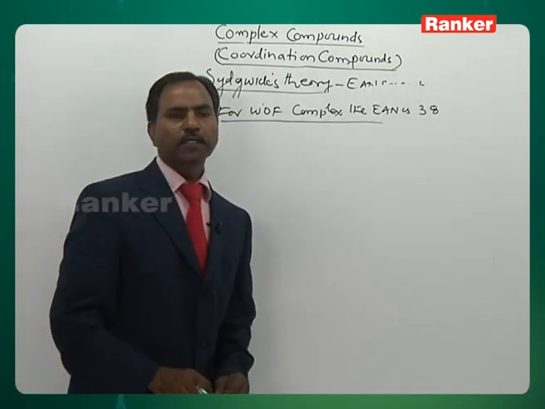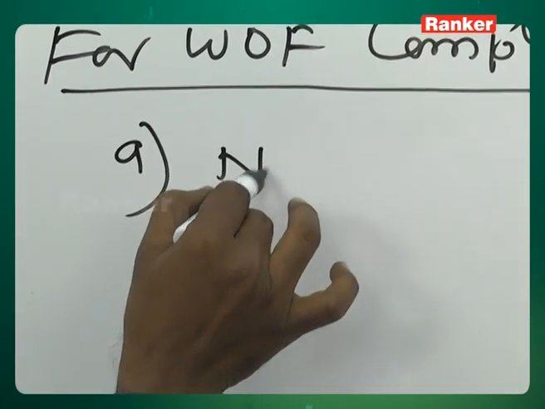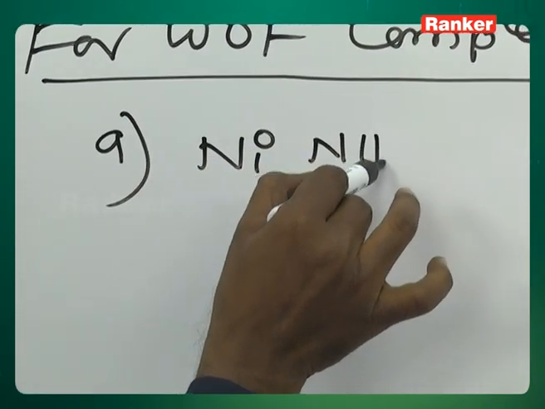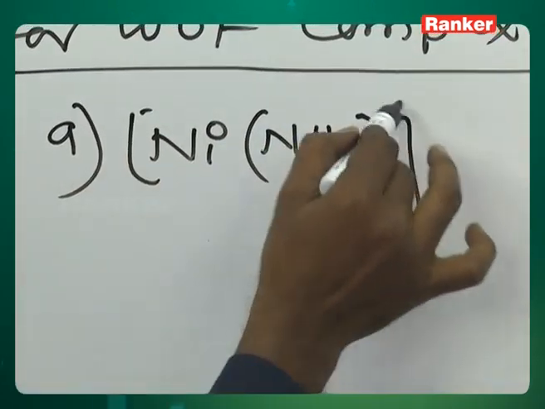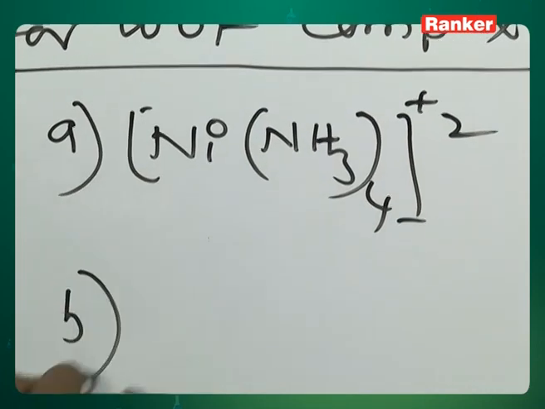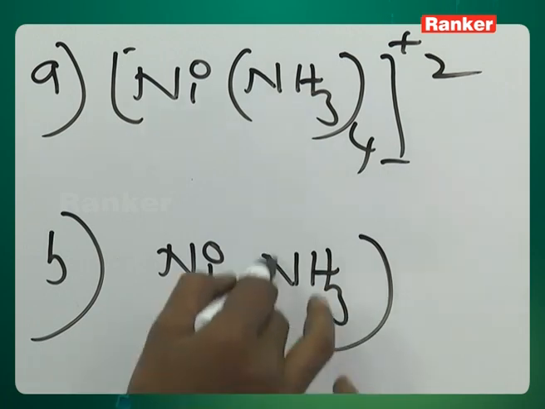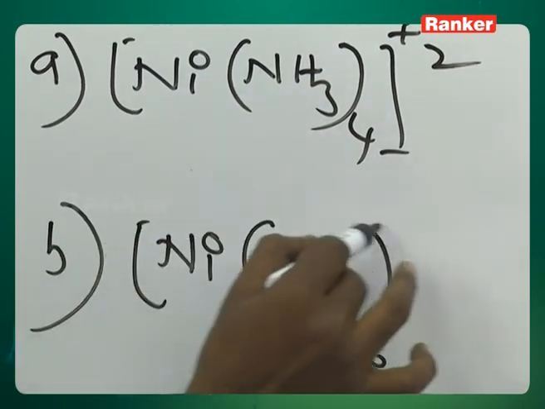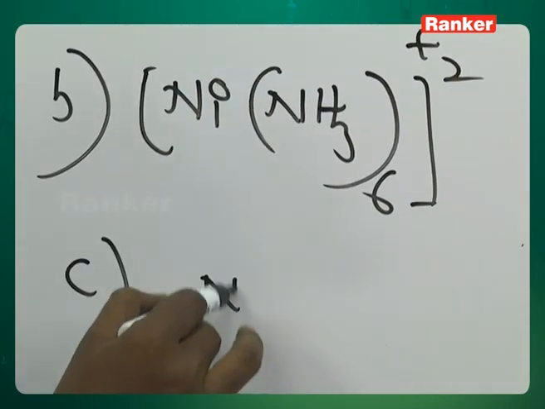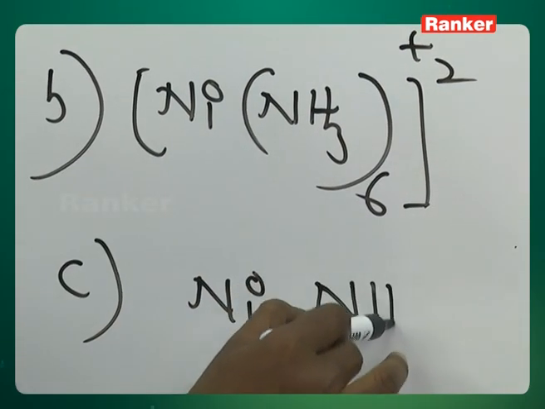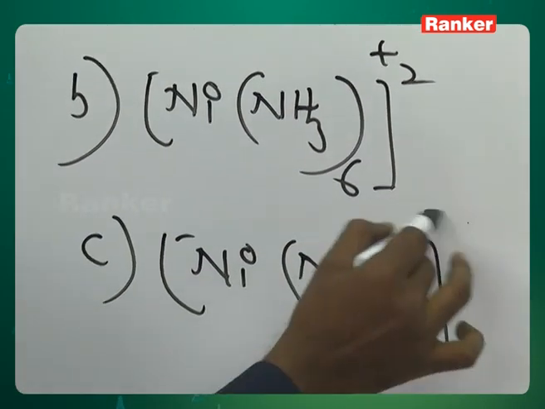For which of the following complex the EN is 38? Take nickel NH3 taken 4 times, plus 2; nickel NH3 taken 6, plus 2; nickel NH3 taken 6, plus 4.